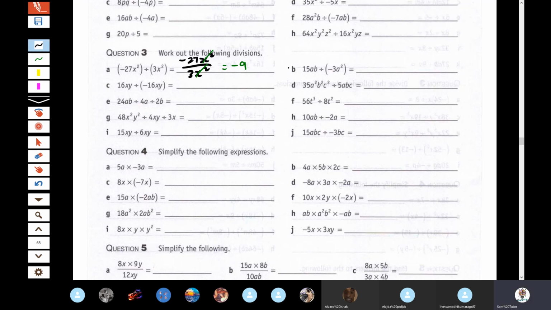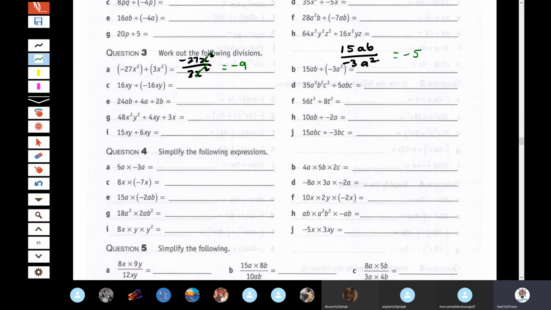This one here though, this next one, 15ab on negative 3a squared. Okay, well, again, we'll do our numbers first. 15 divided by negative 3. 15 over negative 3 is negative 5, right? And then here, look, I've got an a on the top, but I've got an a squared on the bottom.